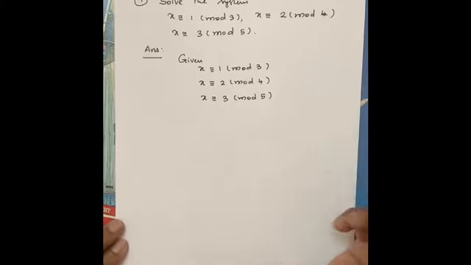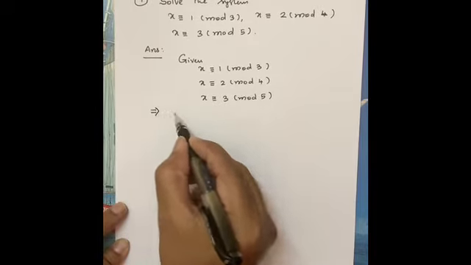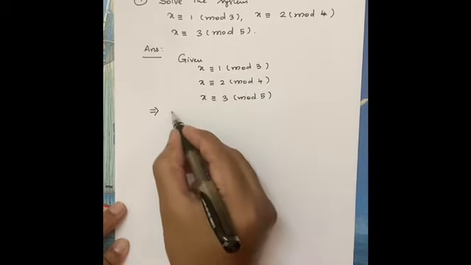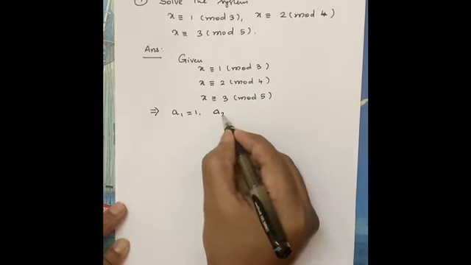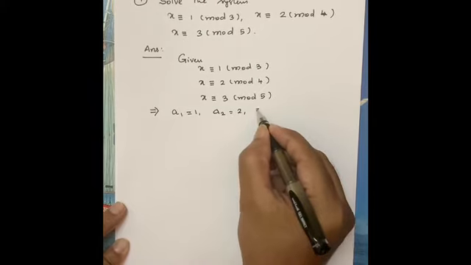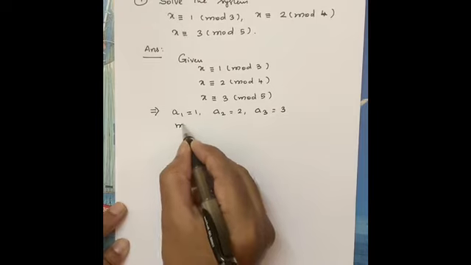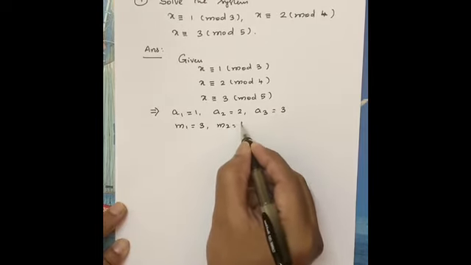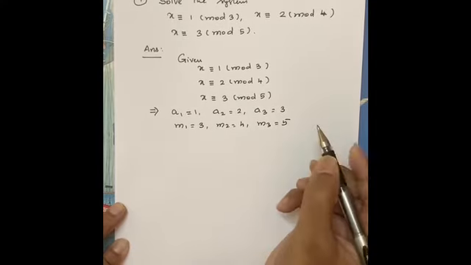Okay, so now we can follow the Chinese remainder theorem. According to the Chinese remainder theorem, these are x, these are a's, these are m's. So what is a1? a1 is 1, a2 is 2, a3 is 3 in this problem. And what is m1? m1 is 3, m2 is 4, m3 is 5.